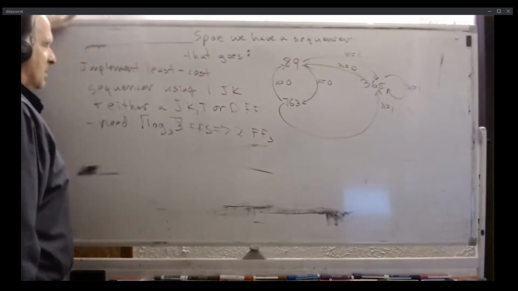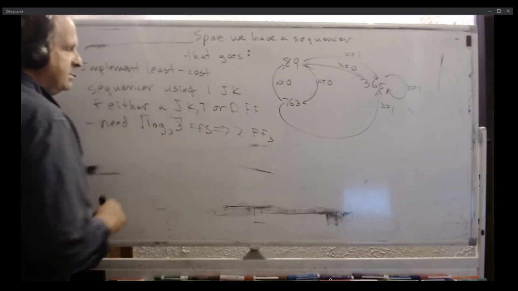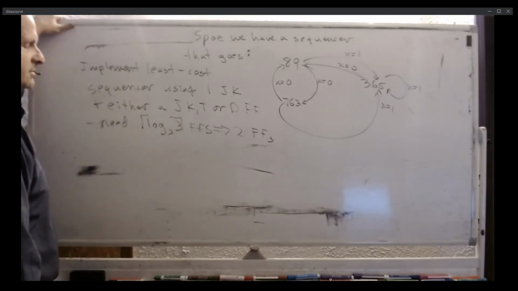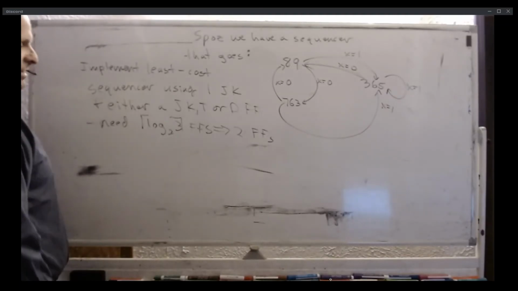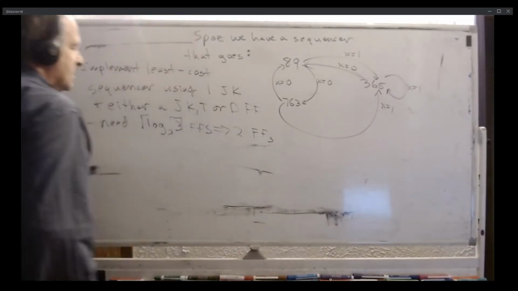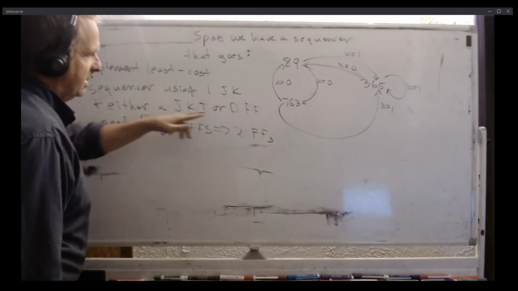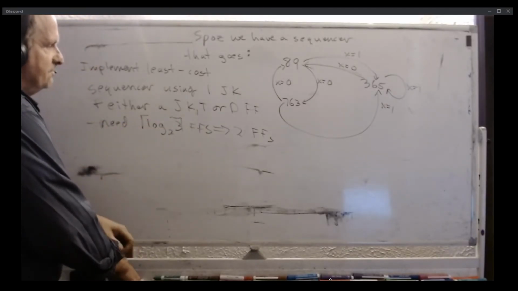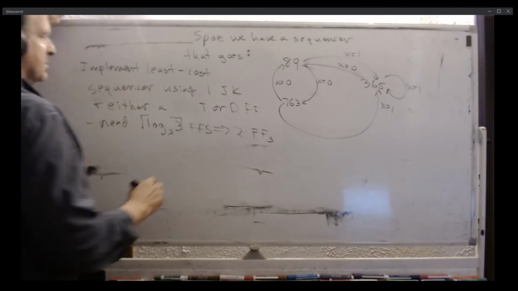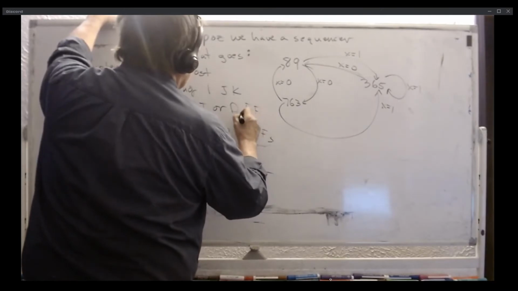Okay? We are allowed 1 JK, and we can use either a D, T, or JK for the other one. And either a T or D for the other flip-flop. We can't use 2 JKs, in other words.